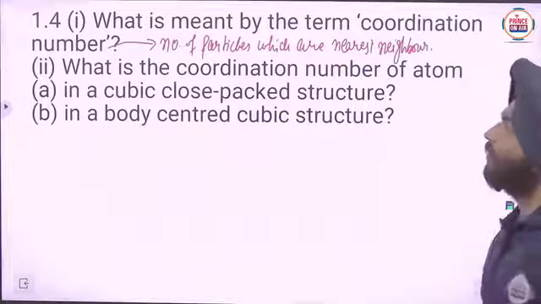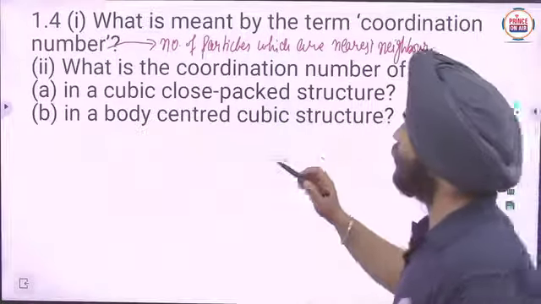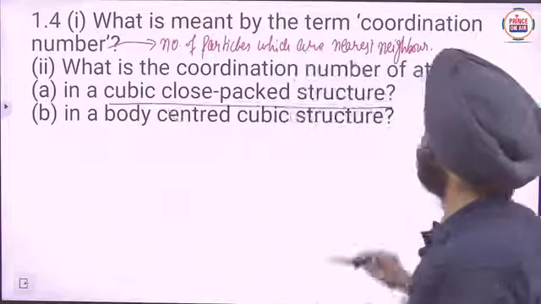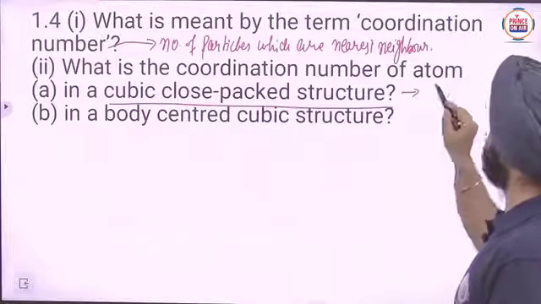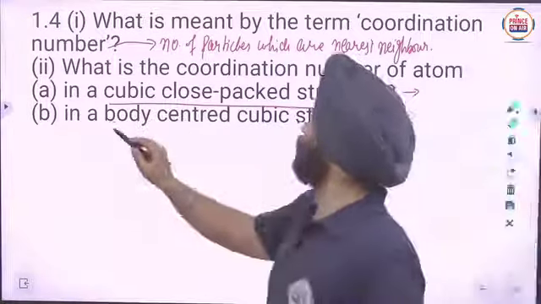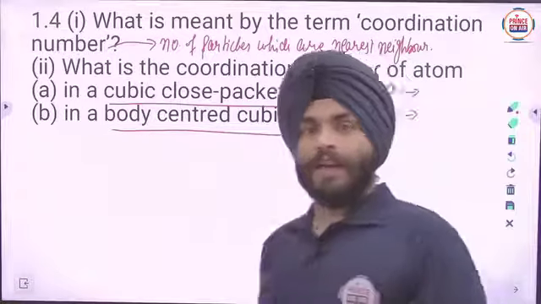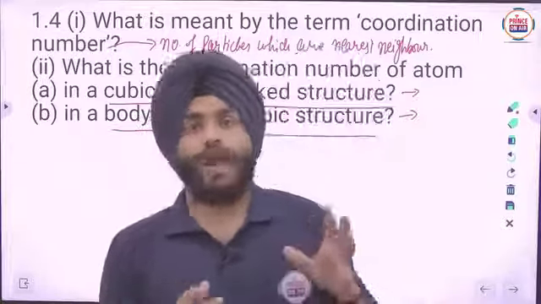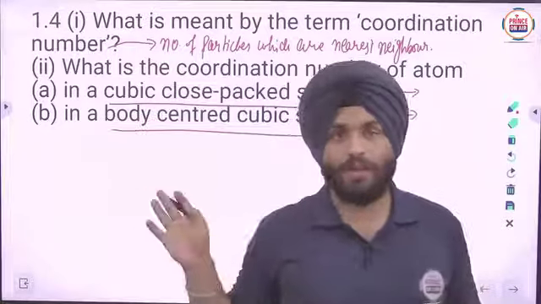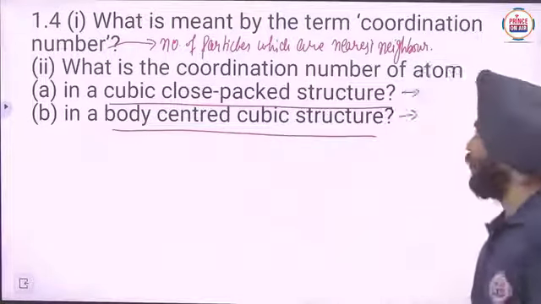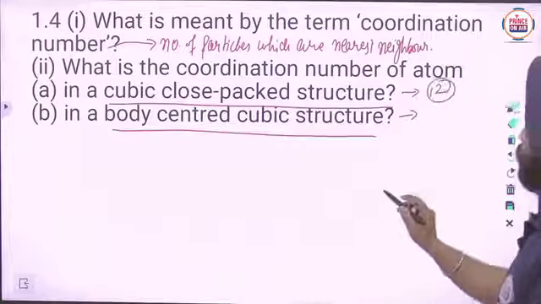Clear? So what is the coordination number of an atom in a cubic close packed structure and in a body centered cubic structure? To understand that answer in detail, you have to watch the previous lectures. Here I just give you the answer: for this it will be 12.